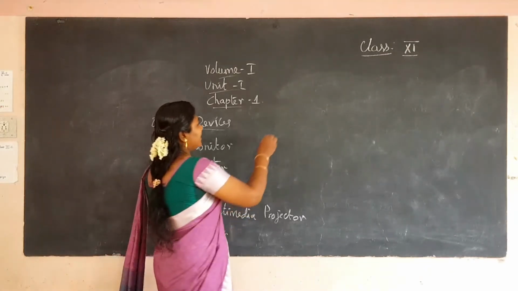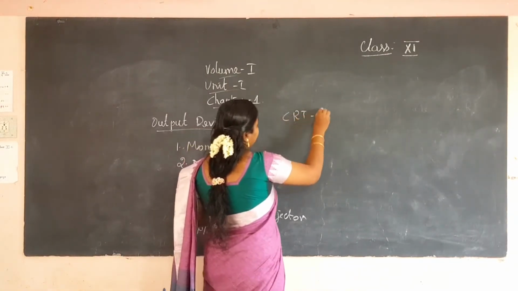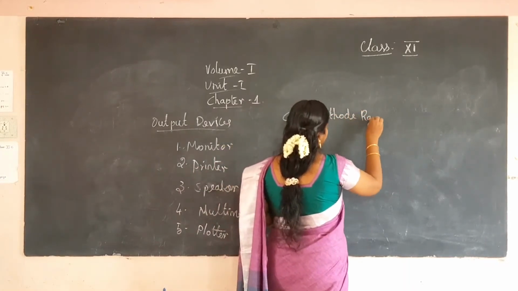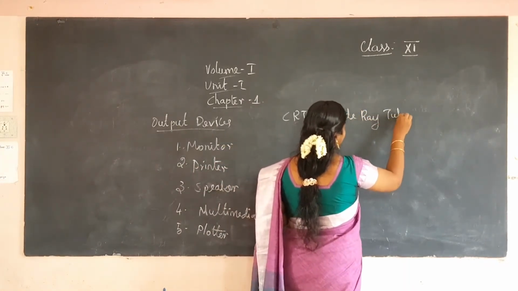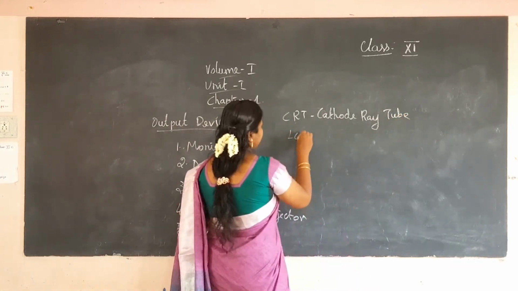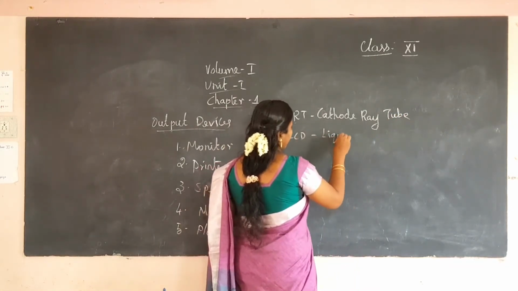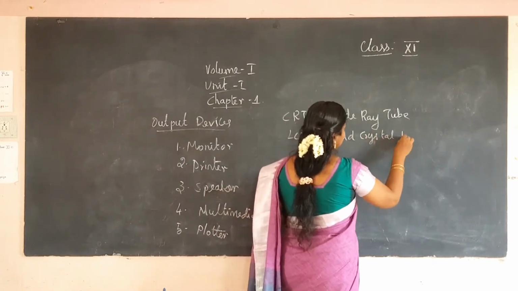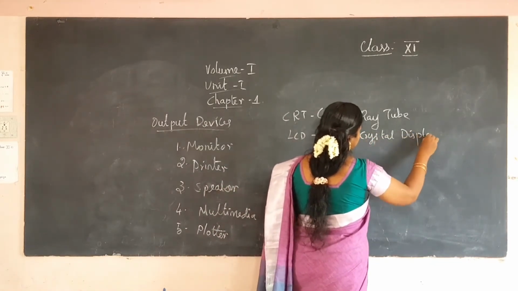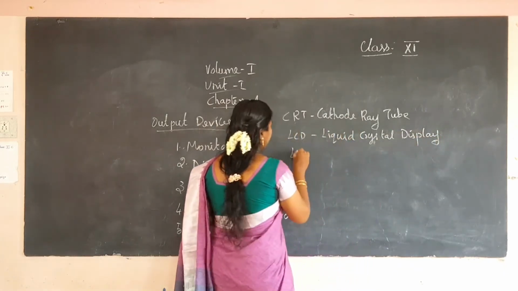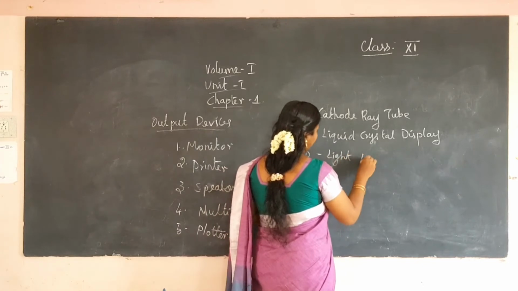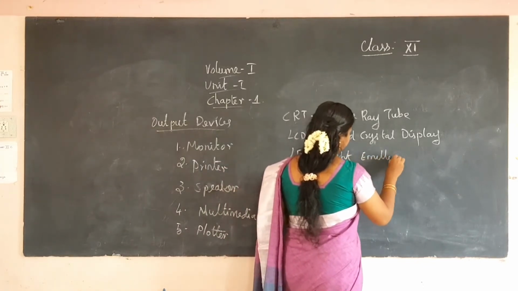So in monitor we have CRT, that is cathode ray tube, and the next one LCD, that is liquid crystal display, and then LED monitor, light emitting display.